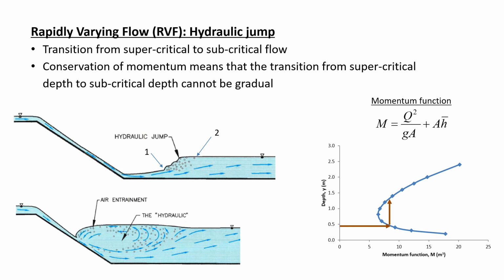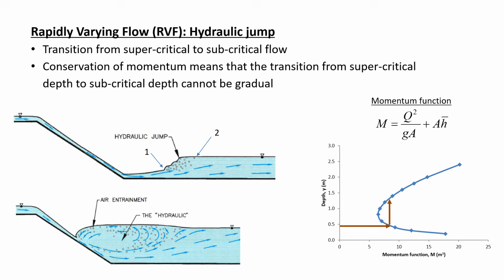So maybe we've got an extra obstacle off the screen here that we don't show, but it's forcing the water level higher. Or it could be just that maybe this material is really rough or it's not much of a slope. But for whatever reason, the tailwater, the water downstream of the hydraulic jump, is moving slowly. And so the water backed up and it drowned the hydraulic jump.